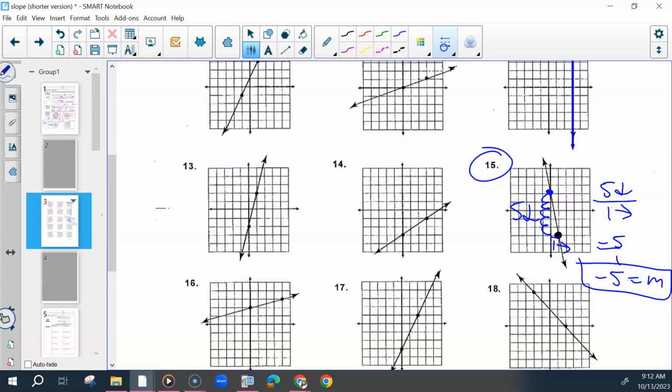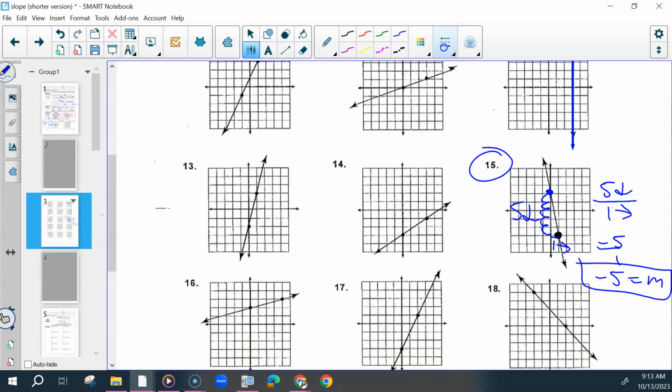Any others on this page? Alright, so I'm going to give you 5 to 8 minutes to do as many of these as possible. Some of you already started.